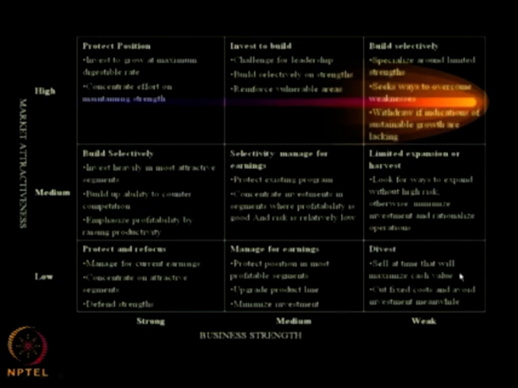Sell at that time, that will maximize cash value, that is the salvage value which you get from the sale should be maximum. Cut fixed costs and avoid investment meanwhile. So, try to avoid the investment, try to cut the fixed costs, try to make the best possible use of the situation. This is the type of scenario which you normally try to get into.